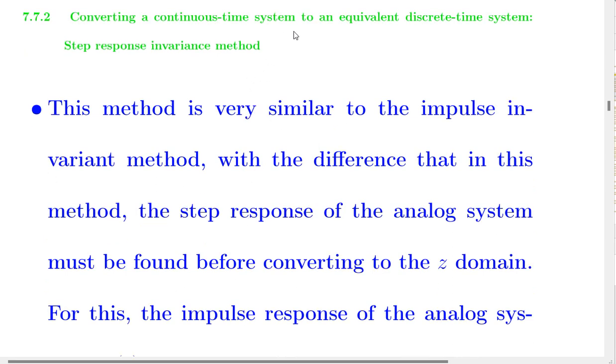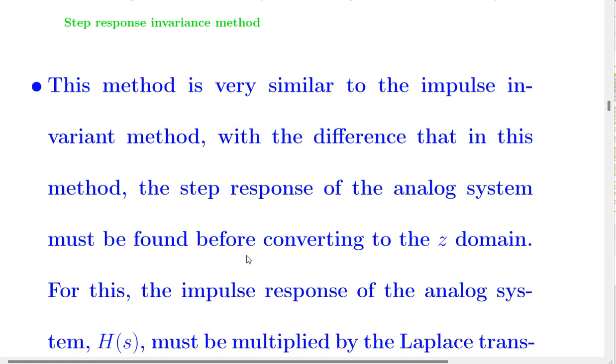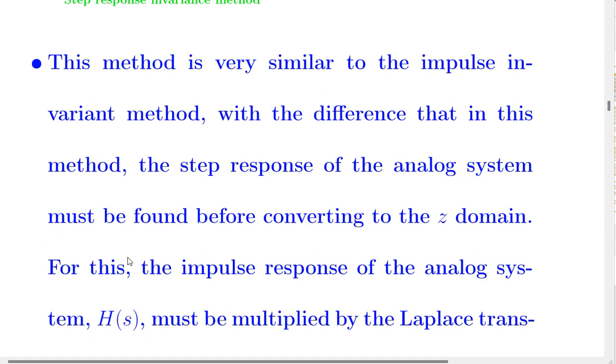converting a continuous time system to an equivalent discrete time system, this time using the step response invariance method. It's again useless. Why? Because this method is very similar to the impulse invariant method. That suffices. Anyhow, we want to continue the discussion, with the difference that in this method the step response of the analog system must be found before converting to the z domain.